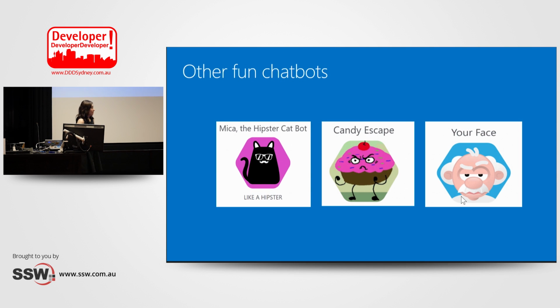Another cool chatbot that I recommend you have a look at and be inspired by is Hipa, that means hipster catbot. Mika suggests and recommends hipster pubs and places close to you. Candy Escape is an addictive game, and all of a sudden you get a message that you wake up in a jail and you have no idea why, but this is a clue and you can escape from it.